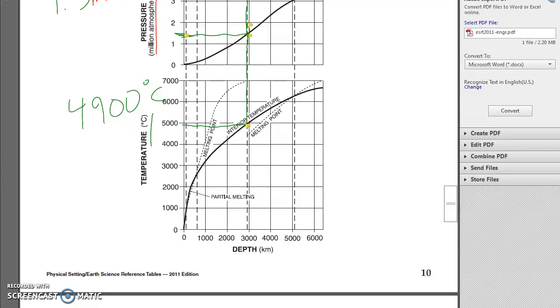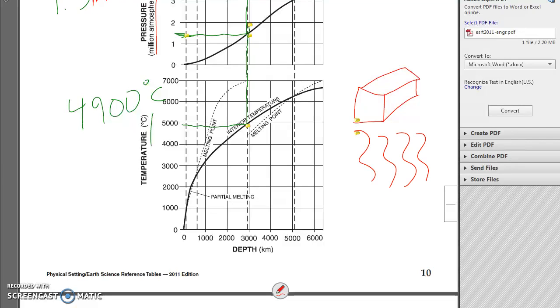So let's say we take a piece of ice and we're heating it up. Here's my representation of a piece of ice. If we're going to heat up this piece of ice and we want it to melt, well, we're going to have to get it above 32 degrees Fahrenheit, also known as 0 degrees Celsius.